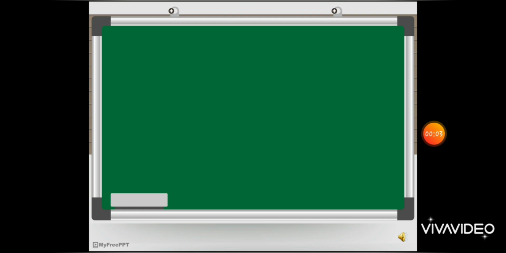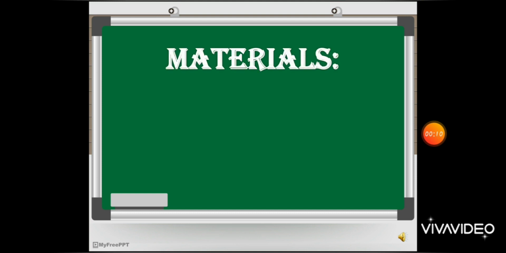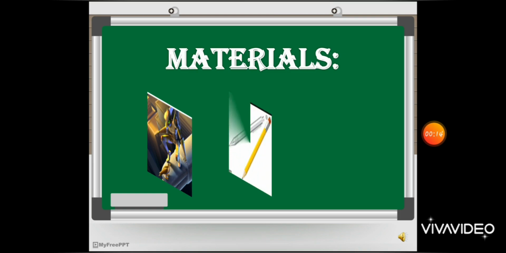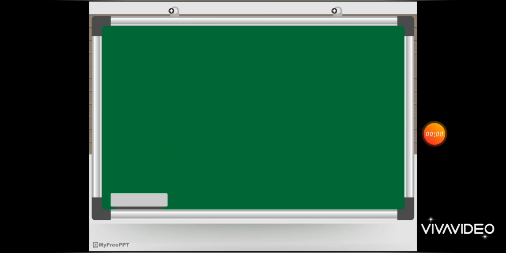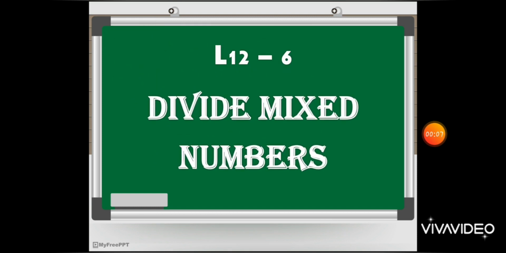But before we proceed with our lesson, I want you to be ready with the following materials: your textbook, writing materials, and your copybook for some computations. We are still with lesson 12-6, that is, dividing mixed numbers.